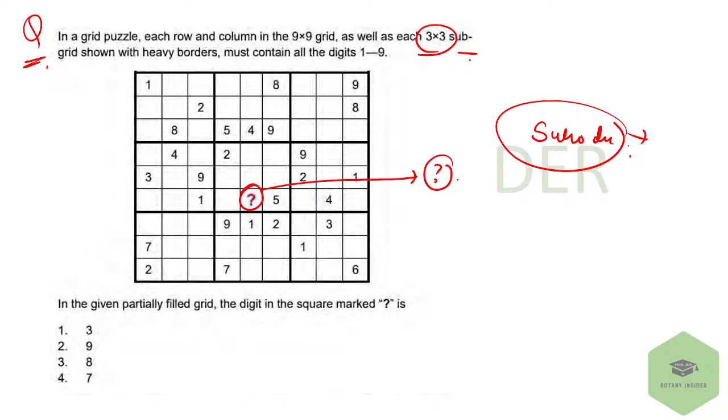Something that we all used to play in our early childhood, when we used to have newspapers and those games used to come in them. So give it a try, everyone. In this partly filled grid, the digit that is marked with the question mark is which of the following? Try the question, everyone.